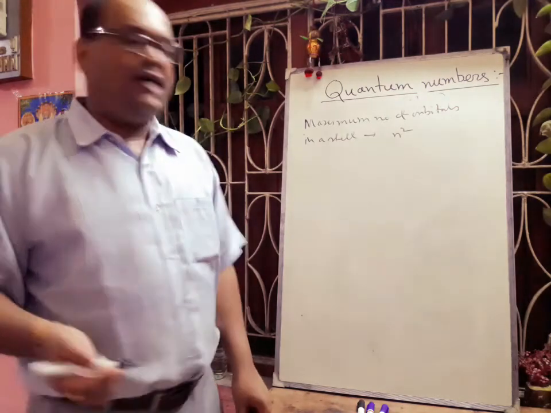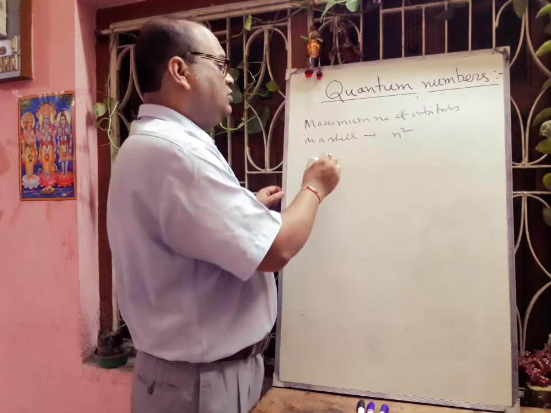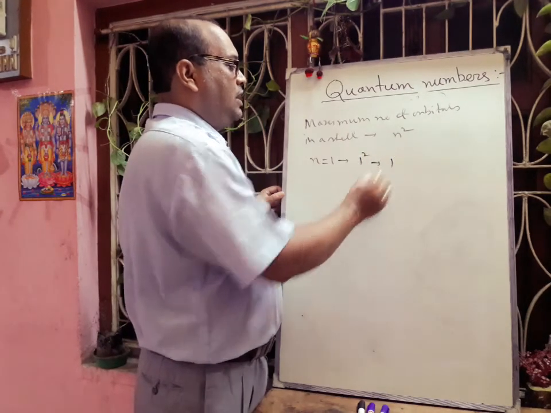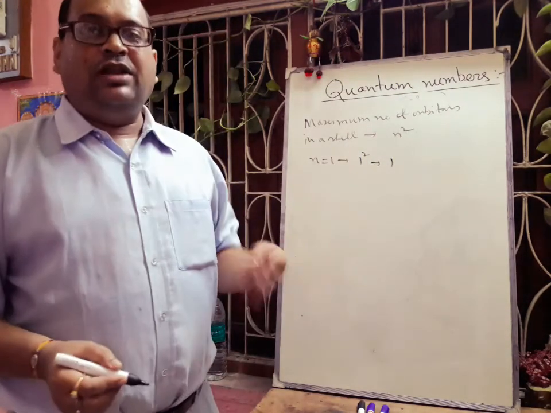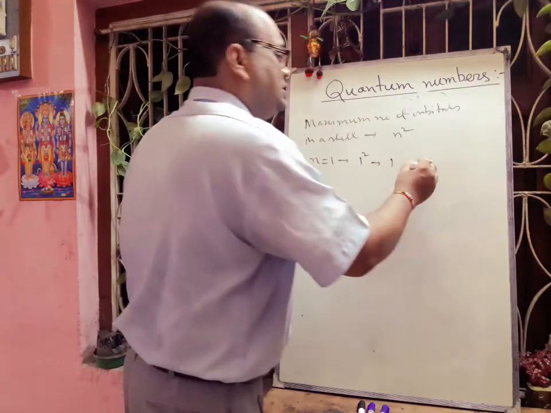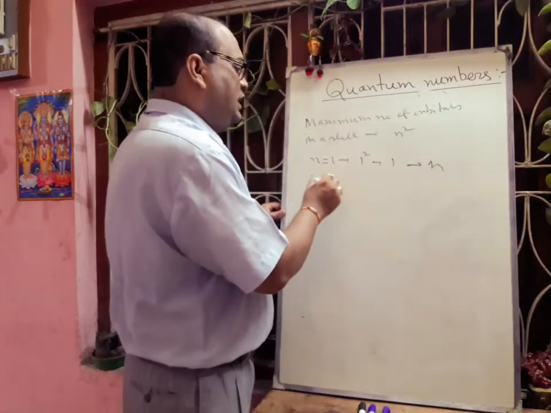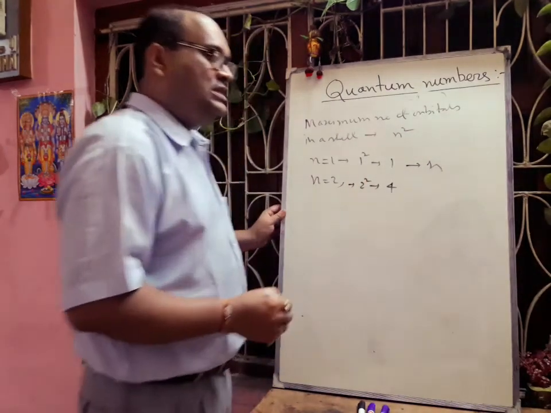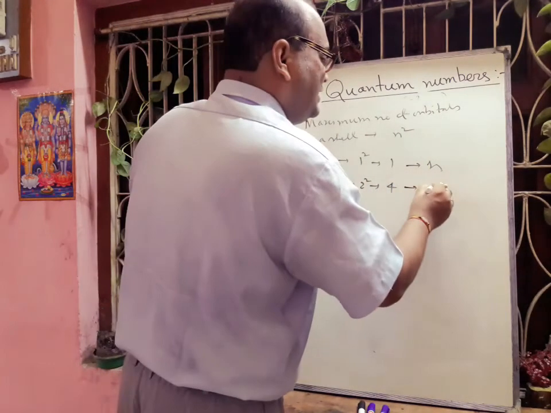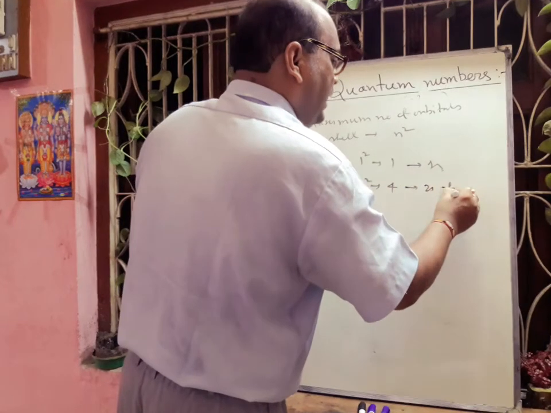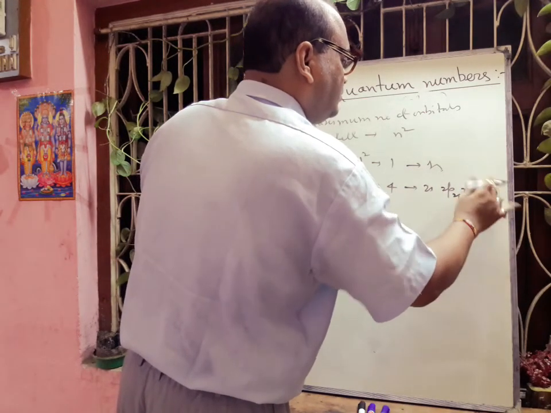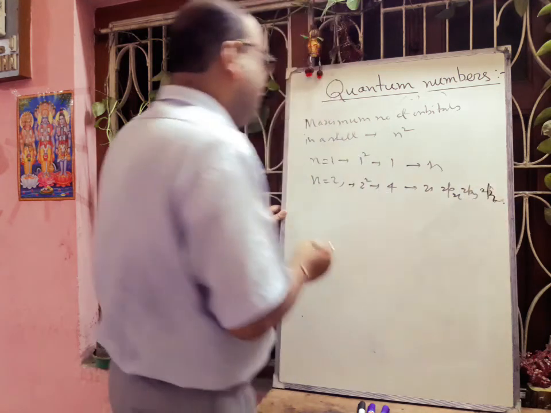So if we consider the first shell, that means n = 1, then it will be 1 square, that will be 1. So for n = 1, only one orbital is possible, that is 1s. But when n = 2, that will be 2 square, that means 4 orbitals are possible: one is 2s, and the others are 2px, 2py, and 2pz. So in this way we can easily calculate.